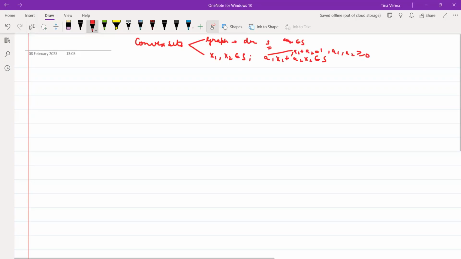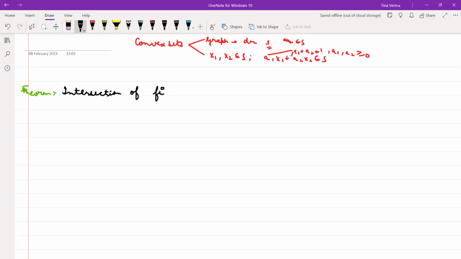So we have discussed that the set of feasible solutions, the set of optimal solutions, and closed and open half spaces all form convex sets. Next we are going to do a proof, a theorem, which says that the intersection of a finite number of convex sets is convex.